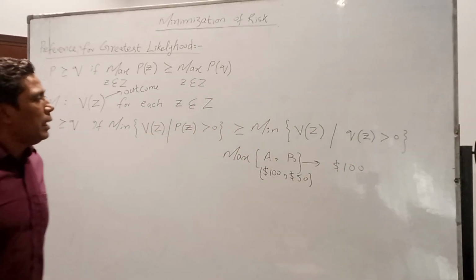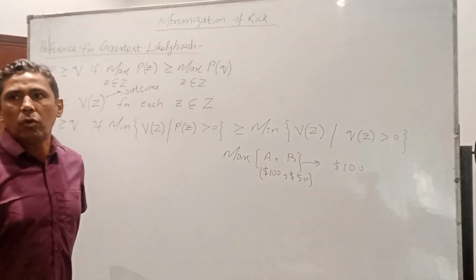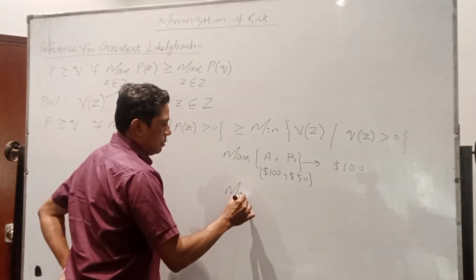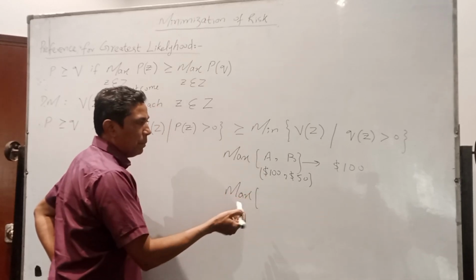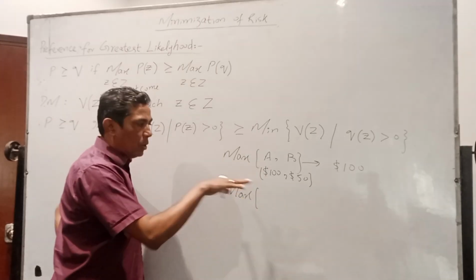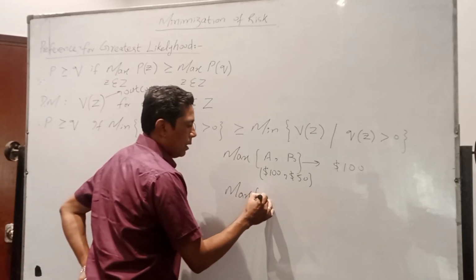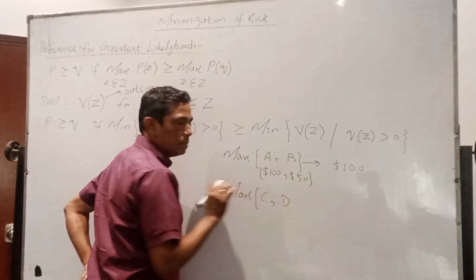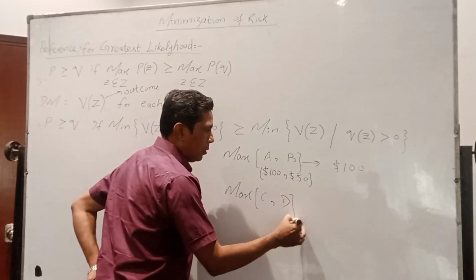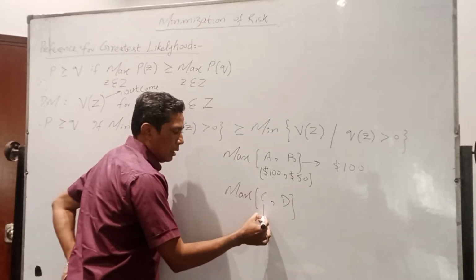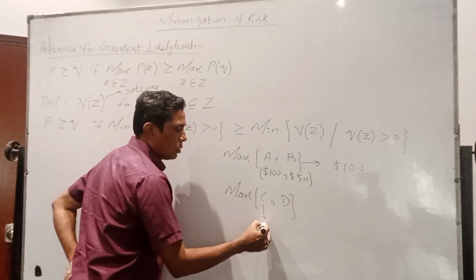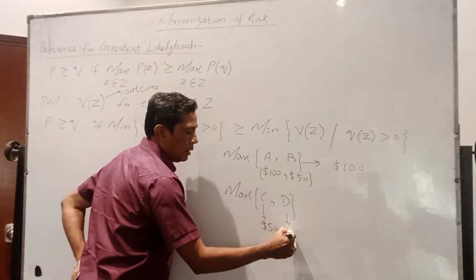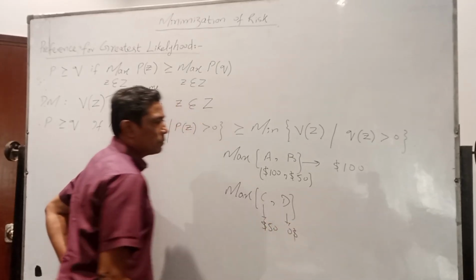Clear? Now you have another option, max of, for example, another possible outcome, C and D. The max of this one is, let's say, 50, and it is $0.